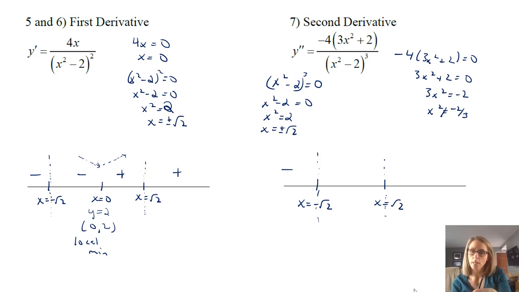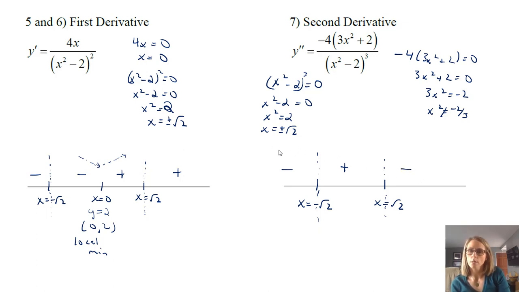If we put in something between negative root 2 and root 2, like 0, again, we're always going to have a negative in the numerator, and that denominator at this point is going to be negative. So negative over negative is positive. Then say we put in something like 100, anything greater than root 2. We're going to get a numerator that is negative and a denominator that is positive, so that's going to give us negative.